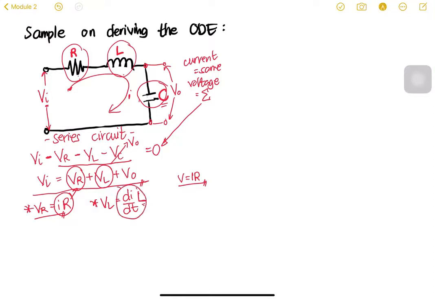So this one naman we can substitute to here later. Okay, so we have VI is equal to IR plus, substitute this, di over dt L plus VO. Okay, so we don't want yung I sa ating formula because we're just dealing with VI and VO.